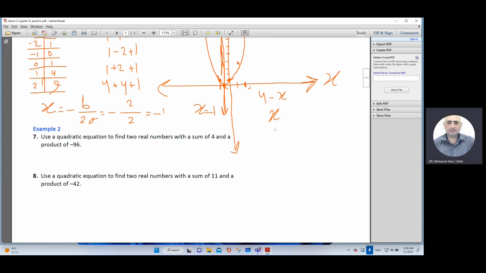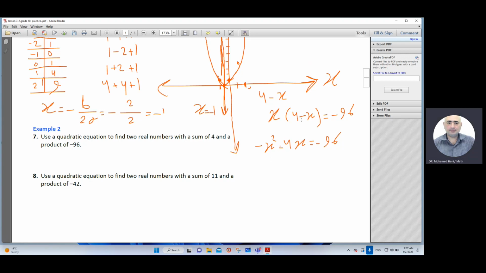So for the product of them, you can write x multiplied by (4 minus x). The product of them will be what? Negative 96. Prepare this equation. You can use distribution. 4 times x will be 4x. And x times negative x will be negative x squared. We have negative 96. Then make all terms on the same side.